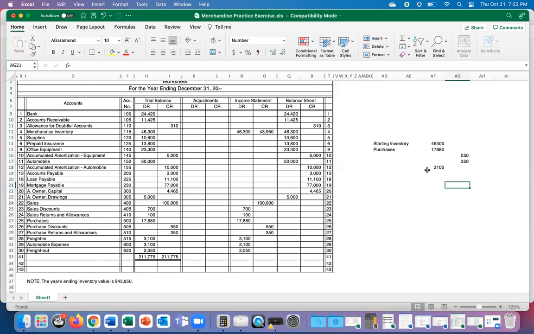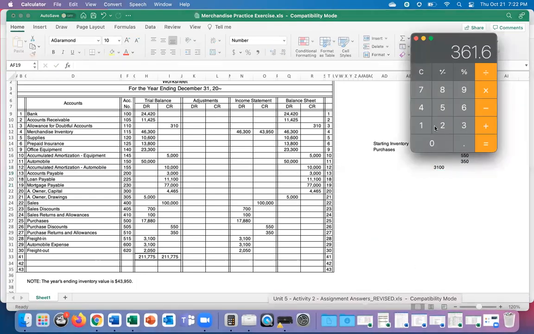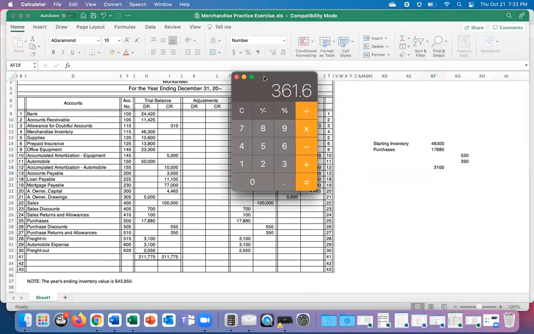And so now, in order to get our true purchases number, we have to take the original number, subtract the discounts, subtract the returns, and then add in the shipping number. So we'll get our calculator out and we'll do that here.